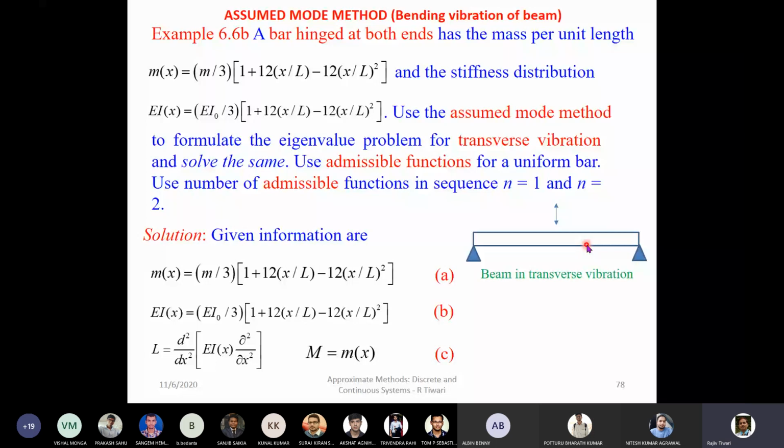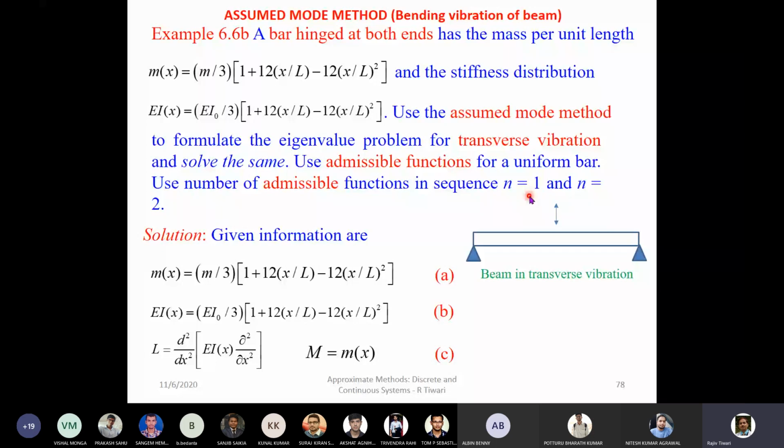So here the mass distribution is given. It is not a uniform beam actually. This is just a representation of a beam, but the beam mass is varying like this. The elastic property of the beam also has some distribution. Here we are using the assumed mode method, and directly we'll be using the admissible function. I'll take two cases.